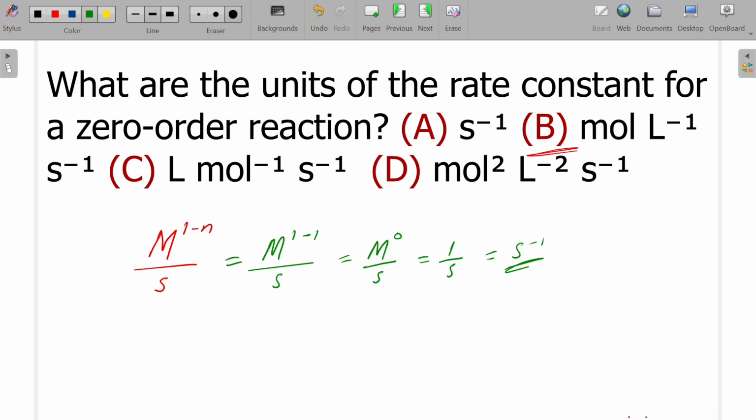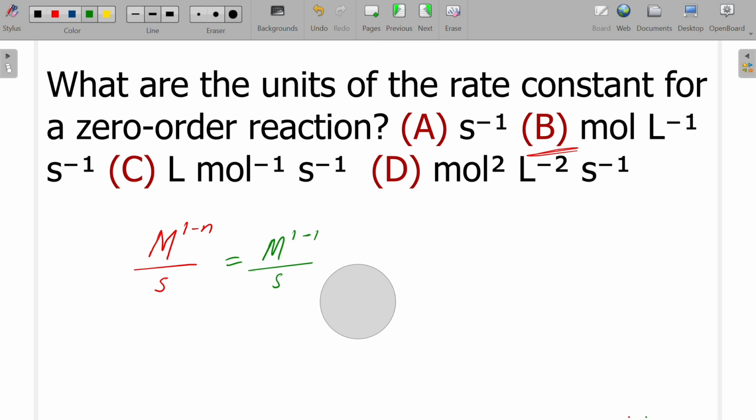This is just the same as s to minus 1, or per second. So if we're looking for the units of the rate constant for a first order chemical reaction, our answer is s to minus 1. This is option A, so our answer was going to be option A.